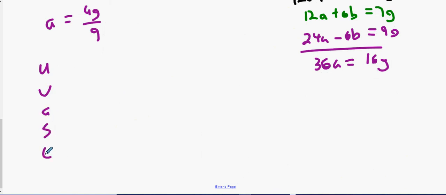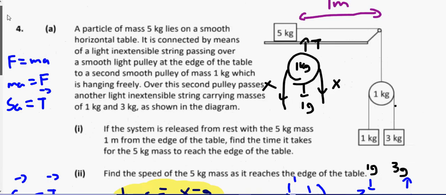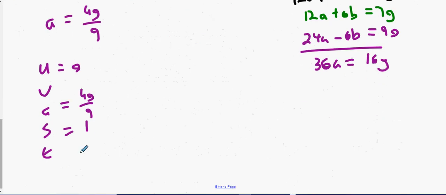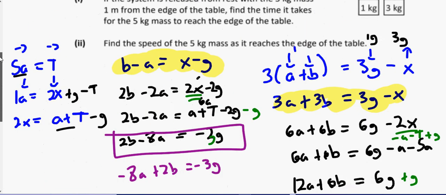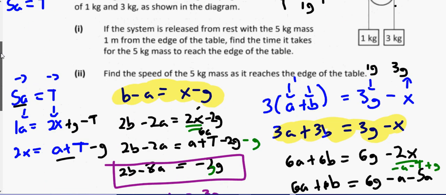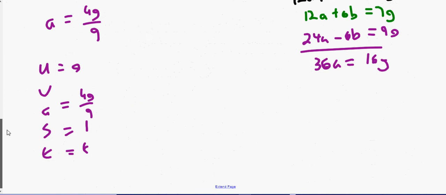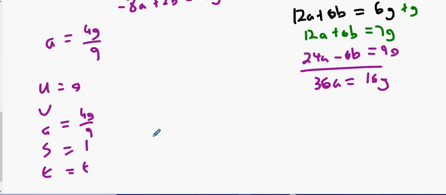UVAST. U is 0. A is 4g over 9. S is, what do you say? 1 meter, was it? 1 meter. We're going to find the time. We're after t. So S equals ut plus a half at squared. 1 equals a half of a.